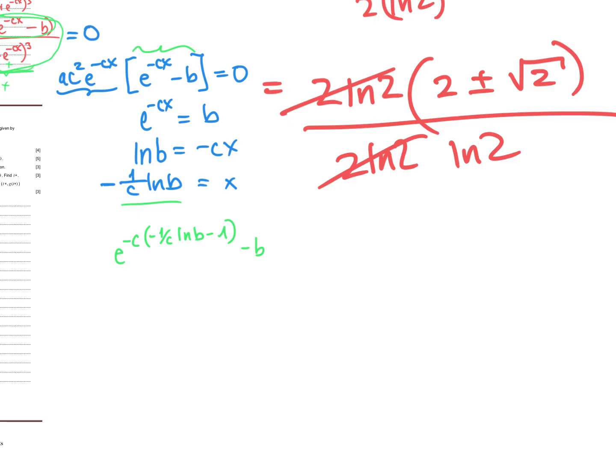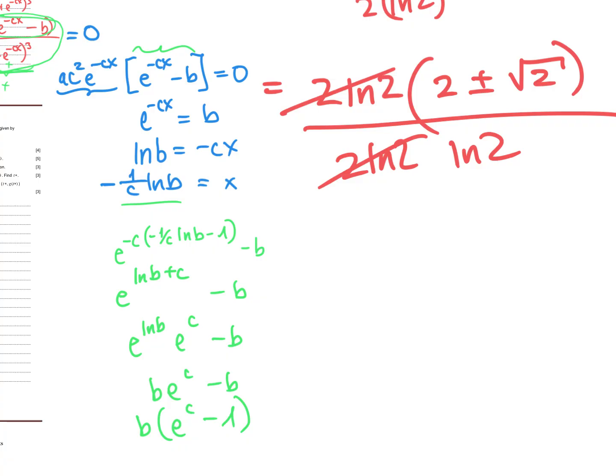So, yeah, if we distribute the negative c, we're going to have natural log b plus c minus b. We can separate these. And e to the natural log b is b, e to the c minus b. And then if we factor out b, we have e to the c minus 1.